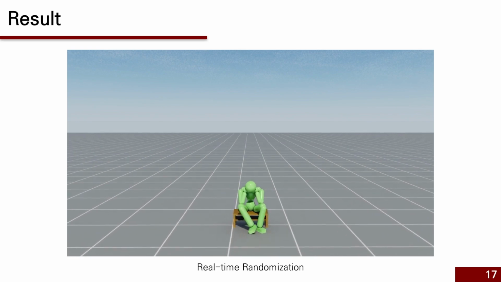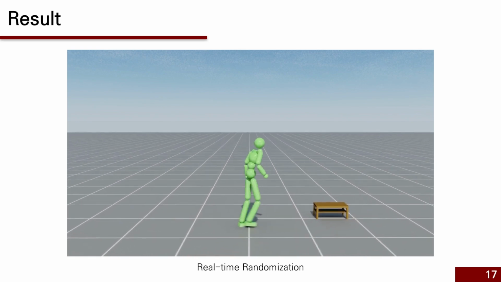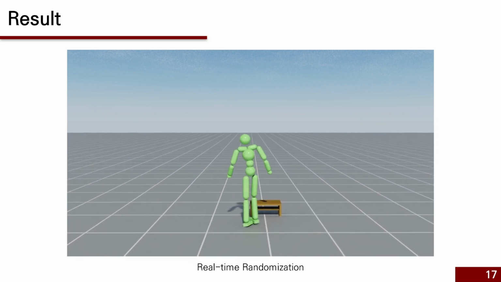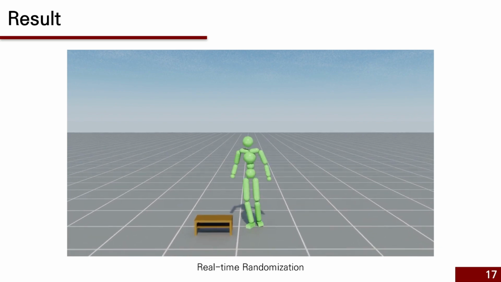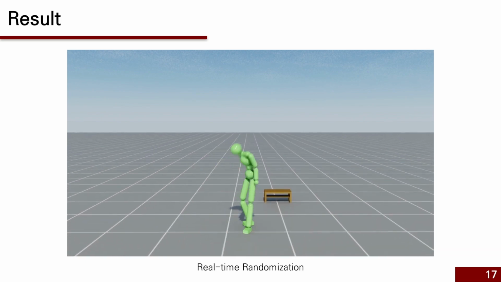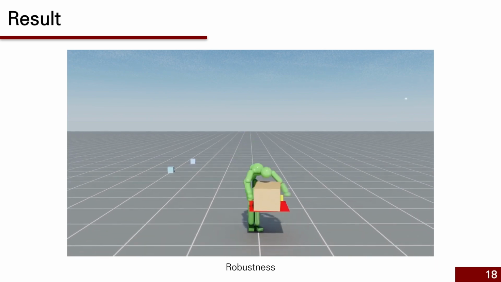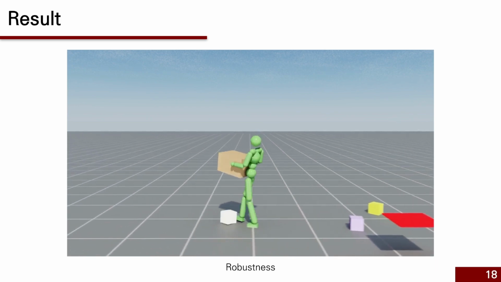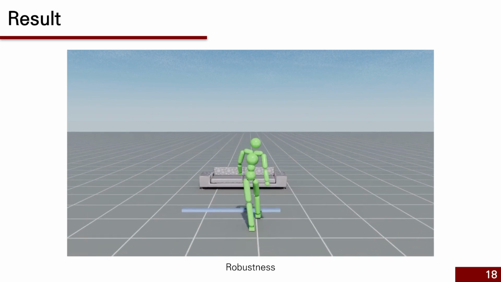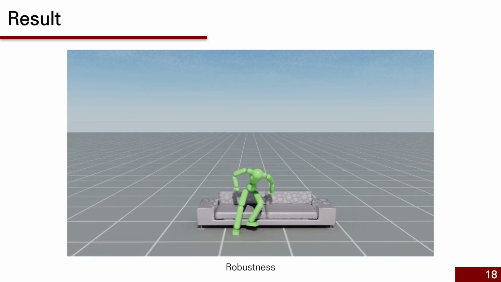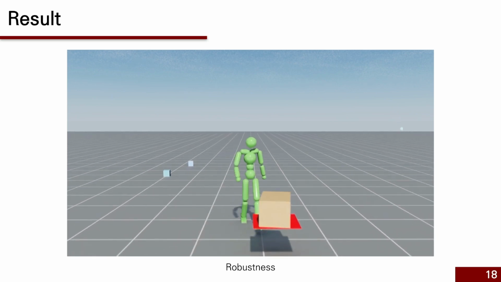The character adapts to randomized targets in real time. You can see the advantage of physical animated characters. Most of the physical animated characters can robustly perform even with physical perturbations.